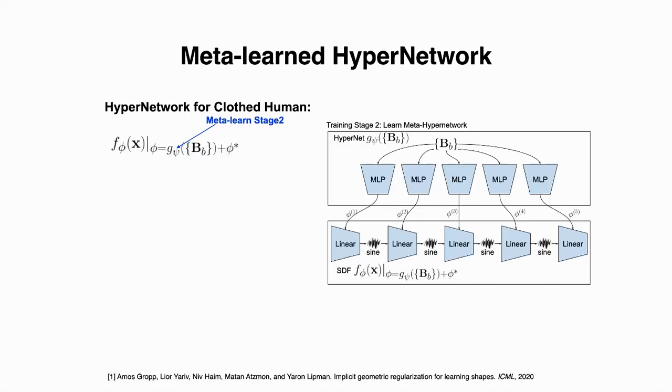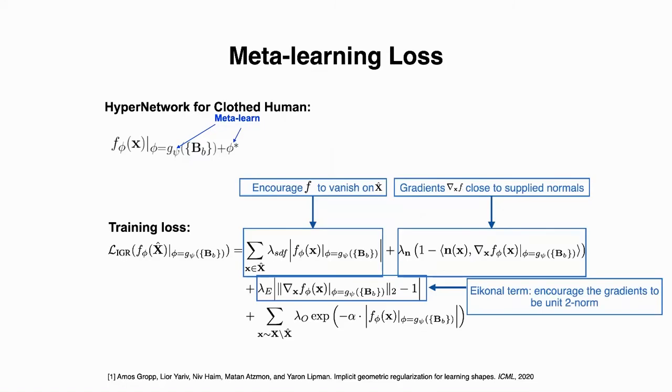This meta-learned hypernetwork predicts residuals to the previously learned phi star, and thus serves as a strong prior on how clothes deform with different input poses. We use on-surface and off-surface losses combined with eikonal regularization to train our model, such that we can train on depth points. Normal loss is used during the meta-learning stage, but we do not need the normal loss for test-time fine-tuning on unseen subjects.